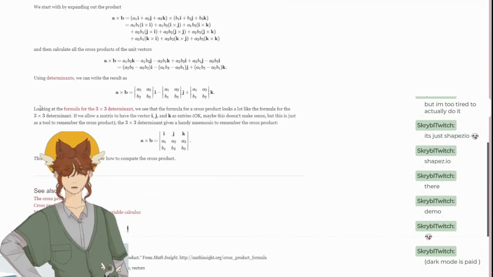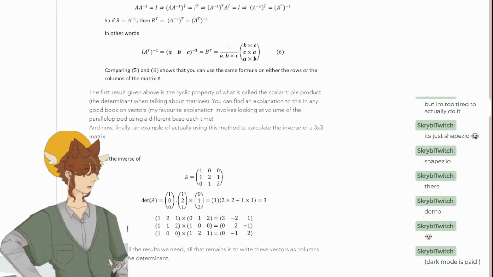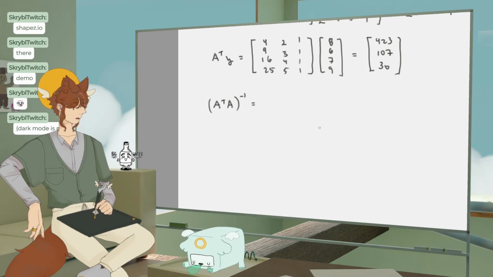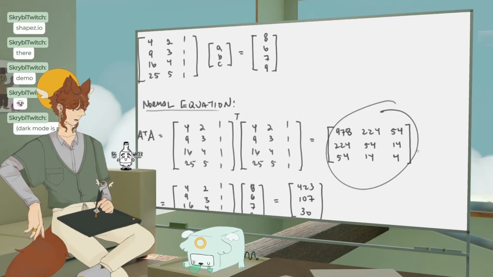Okay, I think there's no quick way to do it. So let's try it. I would rather do only 3 cross products instead of doing a bunch of adjoint matrices. Although, maybe not. I don't know which one would be faster. Okay, just for context, this is the matrix we're trying to find the inverse of.